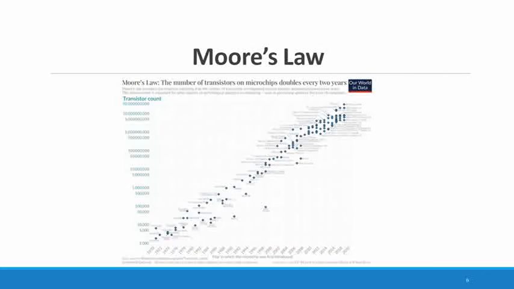So the next and most important part is Moore's law. We are all aware of Gordon Moore, who is the co-founder of Intel Corporation. He stated a law in the year 1968: the number of transistors on a microchip doubles every 2 years.